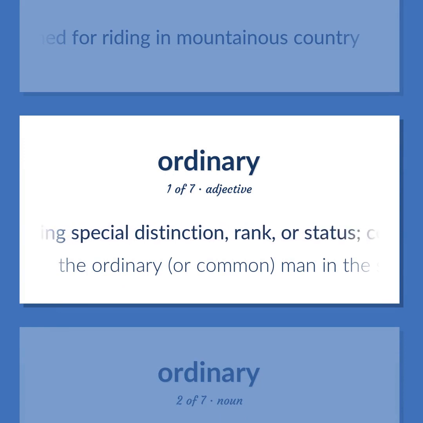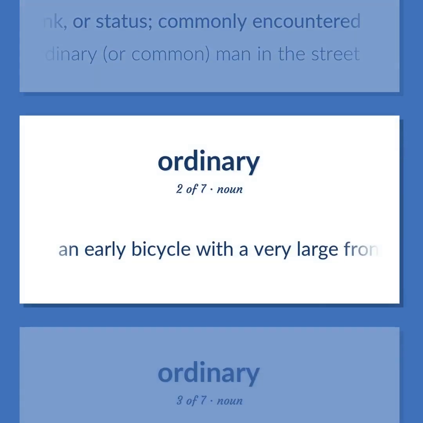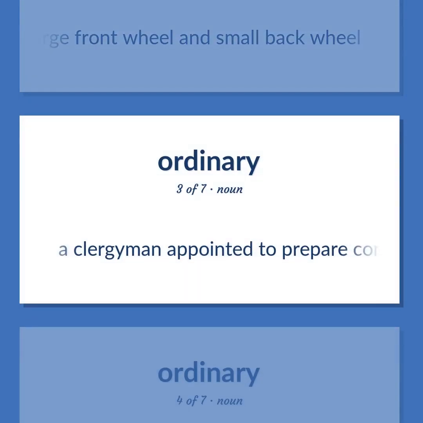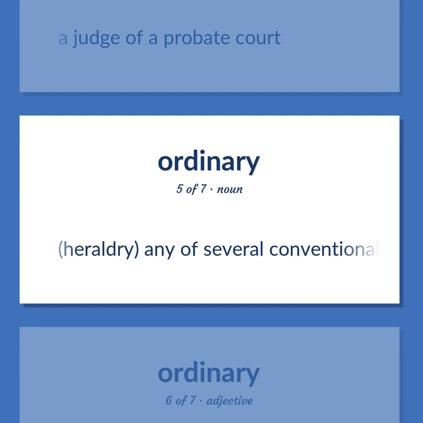Lacking special distinction, rank, or status, commonly encountered. The ordinary, or common, man in the street. An early bicycle with a very large front wheel and small back wheel. A clergyman appointed to prepare condemned prisoners for death. A judge of a probate court. Heraldry.